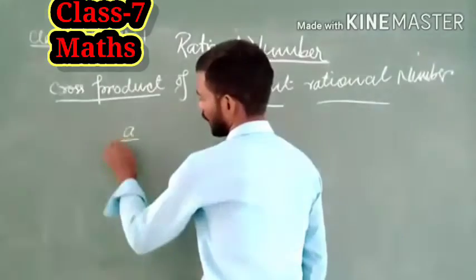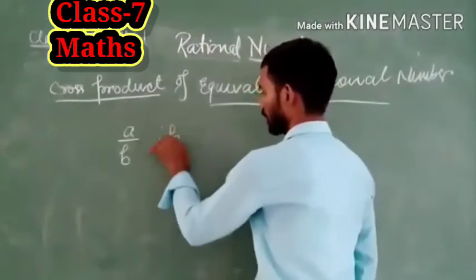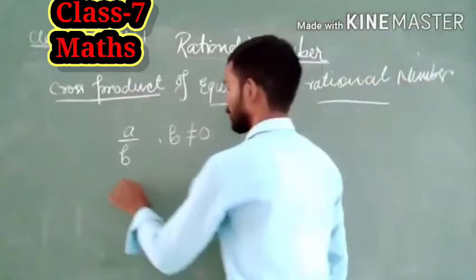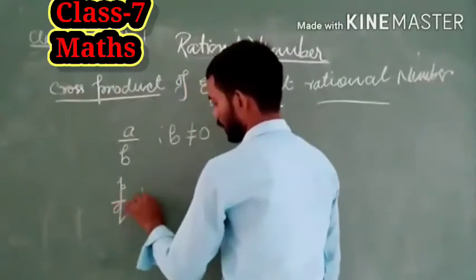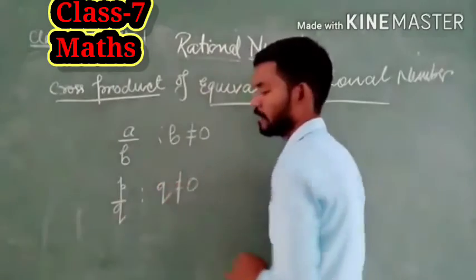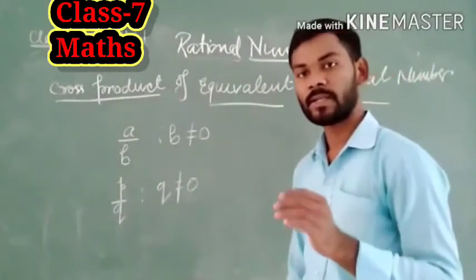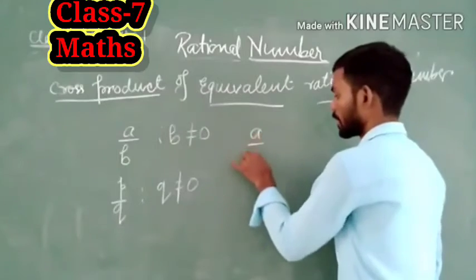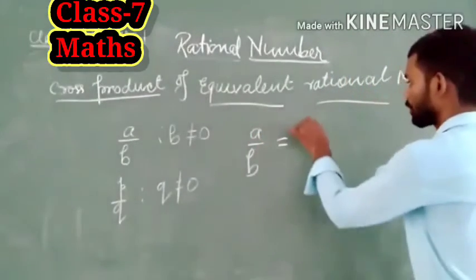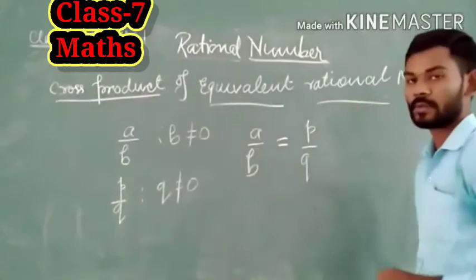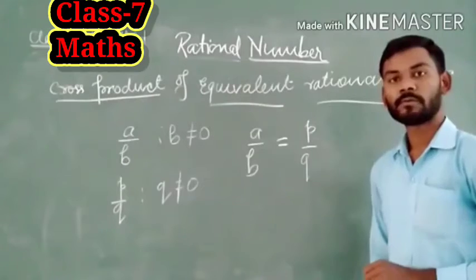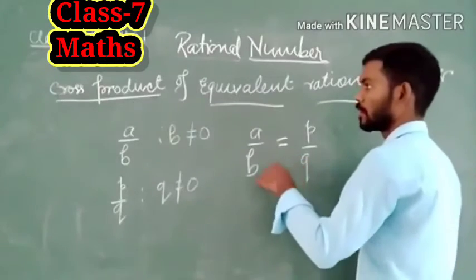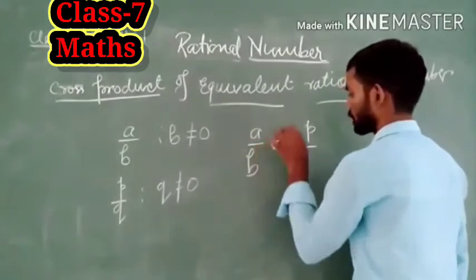Here, if A by B, where B does not equal 0, is any rational number, and P upon Q, where Q does not equal 0, is the equivalent rational number of A upon B, then A by B is equal to P upon Q, and we apply the cross product like this.